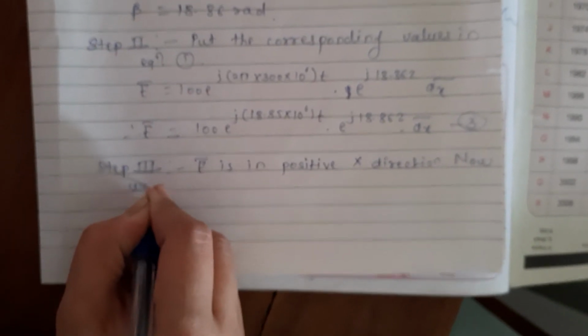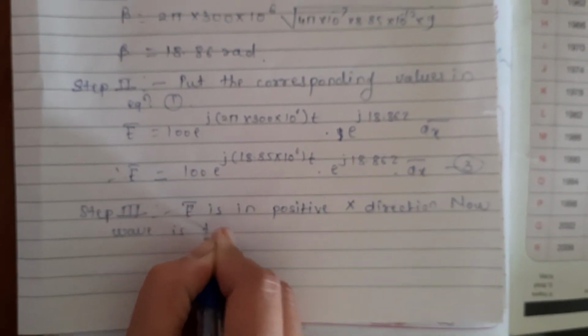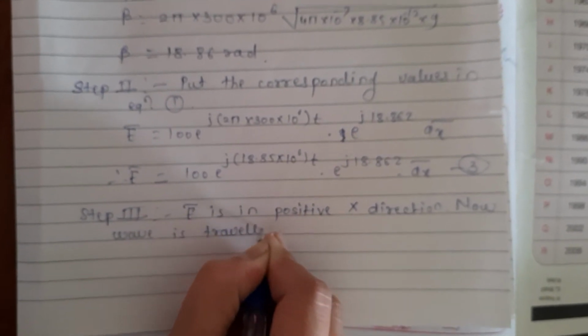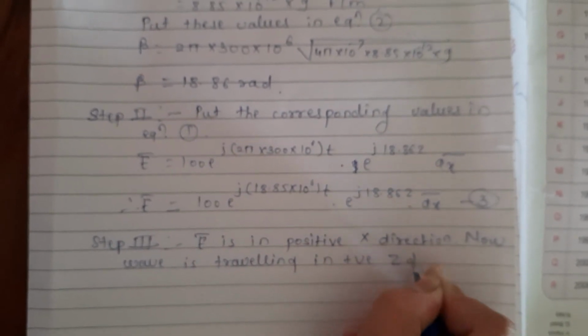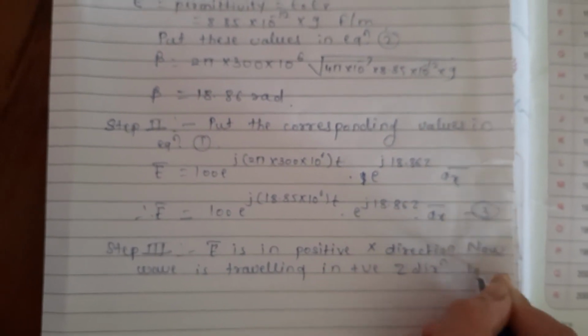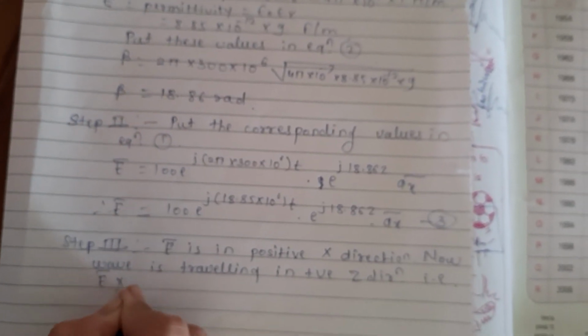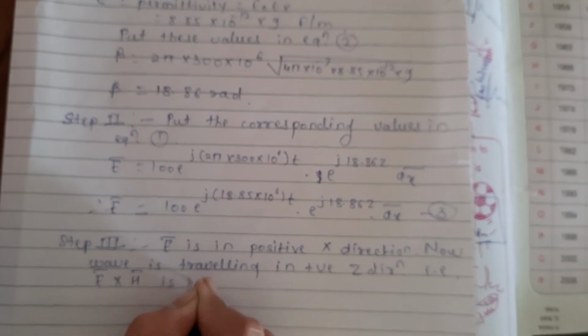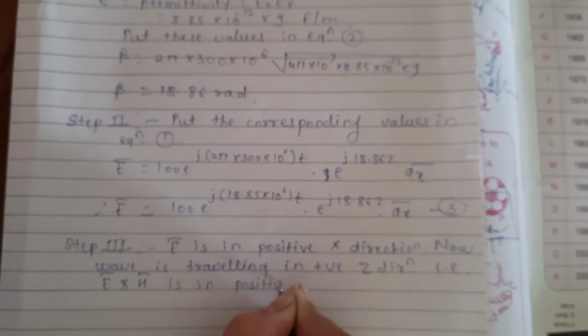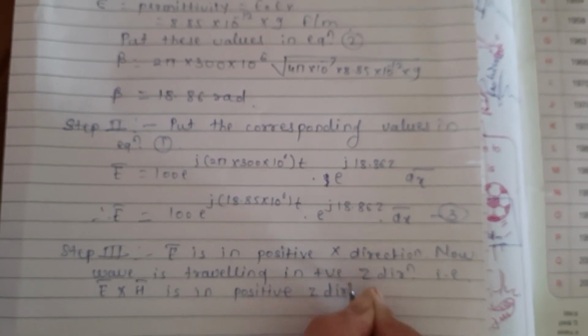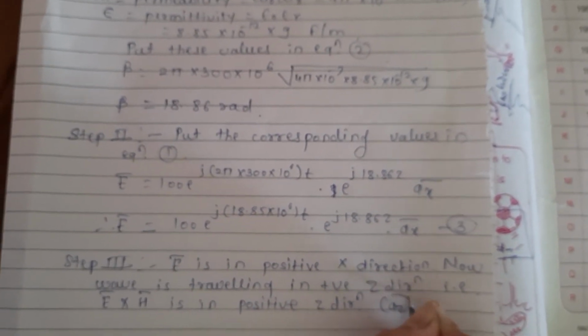The wave is traveling in positive z direction, that is E bar cross H bar is in positive z direction, a z bar.